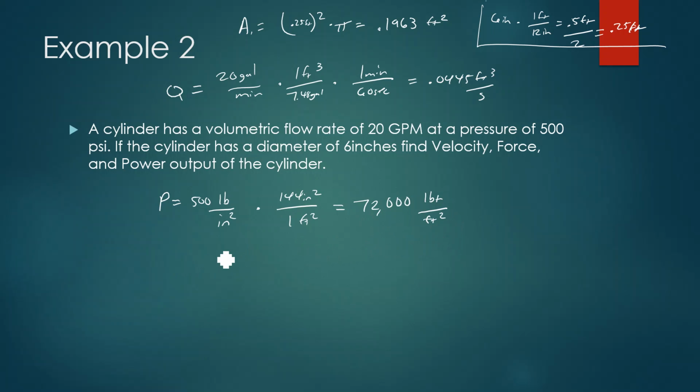And so we can find our velocity. First thing we probably could go ahead and do is find our force actually. So we know that pressure equals force divided by area. So we have our 72,000 pounds force per feet squared.